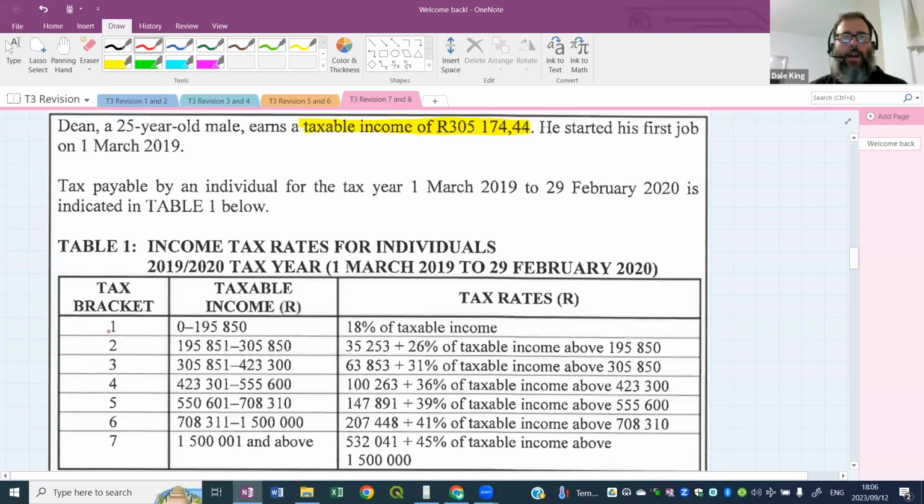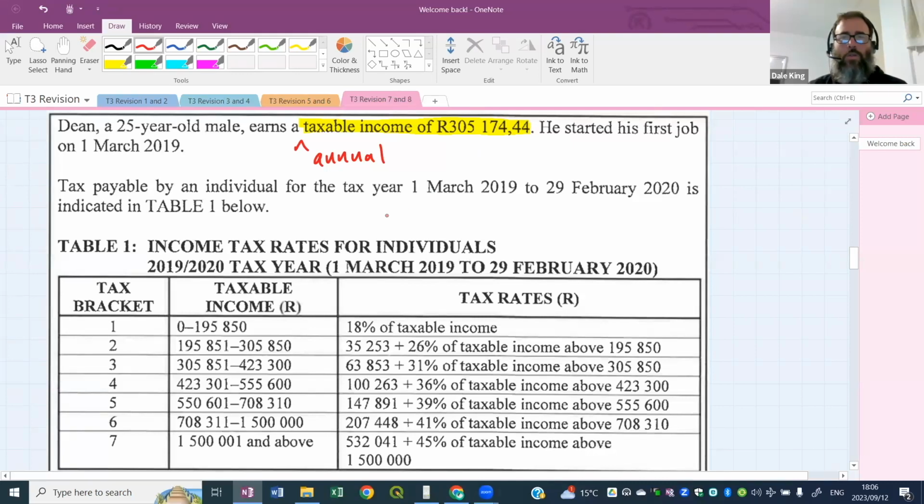All right. Now, I'm just checking, and the question doesn't actually say annual. Up here, it should say annual somewhere. But with that amount of money, we're assuming that it's annual, and this is an annual tax table.